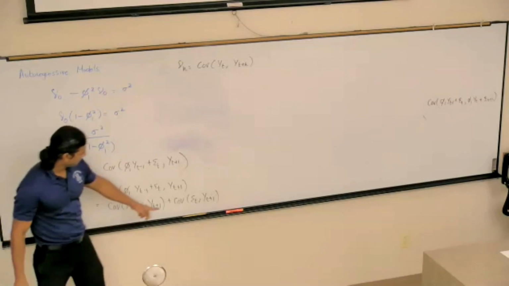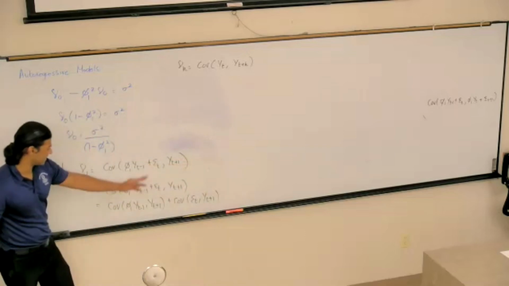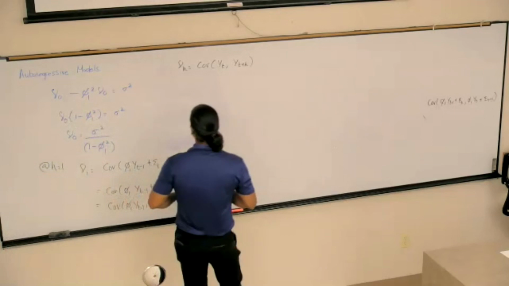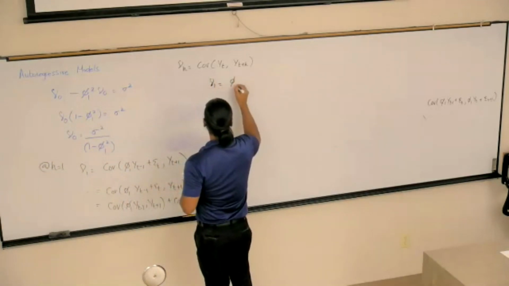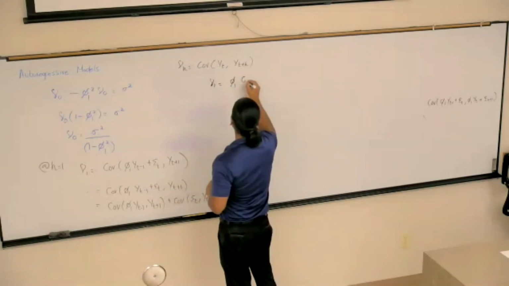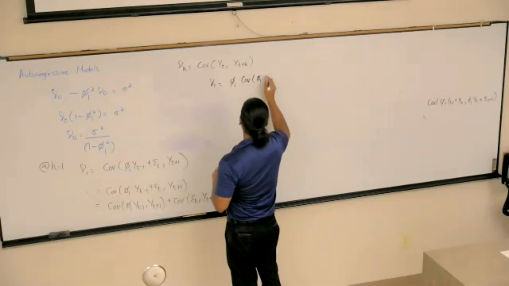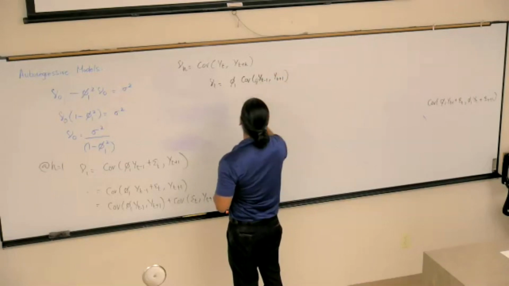Noise and y have no correlation, so that would become 0. If I pull phi1 out, gamma 1 would be phi1 multiplied by the covariance of yt minus 1, comma, yt plus 1.